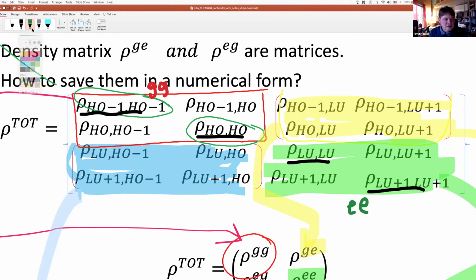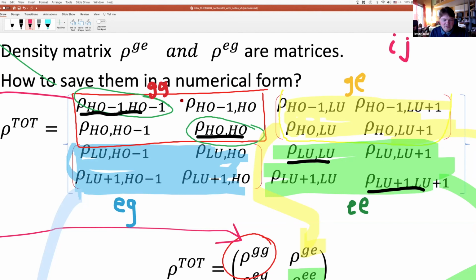In yellowish color, it is ground to excited. And in bluish color, it is excited to ground. So ground to excited corresponds to excitation. Excited to ground corresponds to emission. These little symbols do have explicit indices, i and j. So each symbol has two indices, i and j.